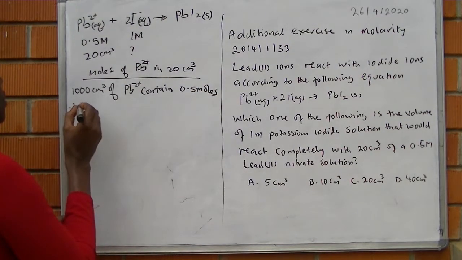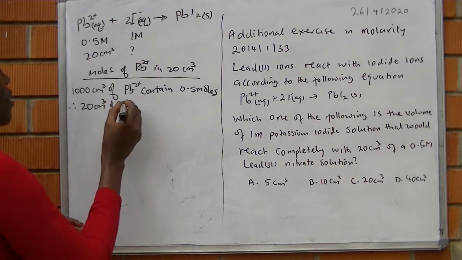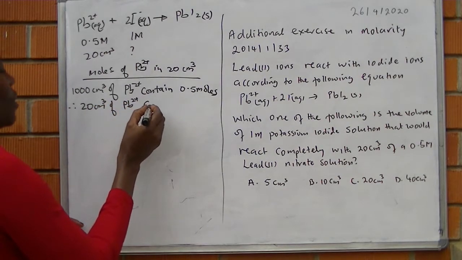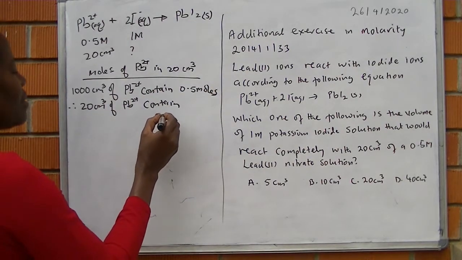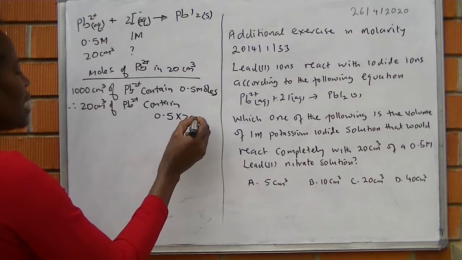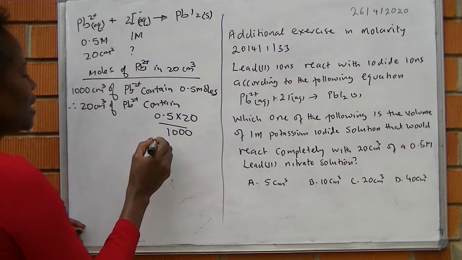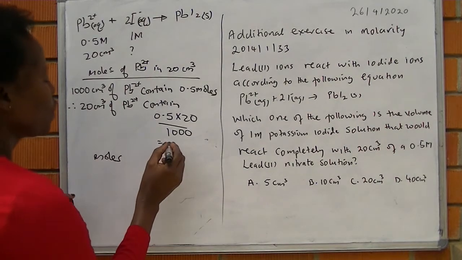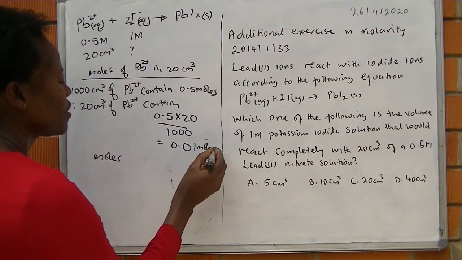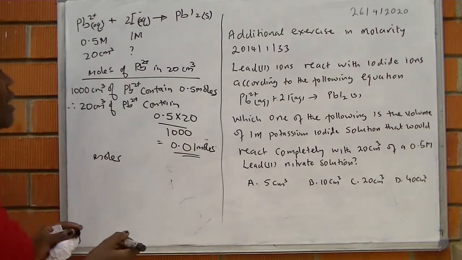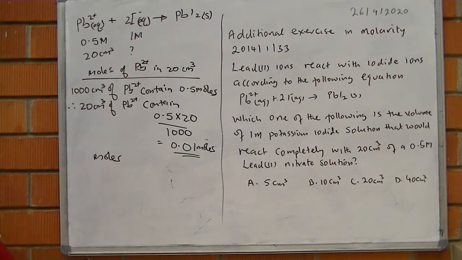What about 20 cubic centimeters of the lead ions? It will contain, we cross multiply 0.5 times 20 and then divide by 1,000, which is equal to 0.01 moles. So these are the moles that are in 20 cubic centimeters of lead 2 ions.